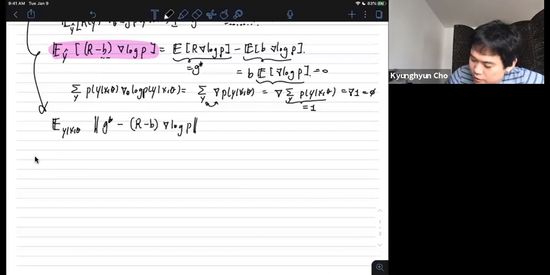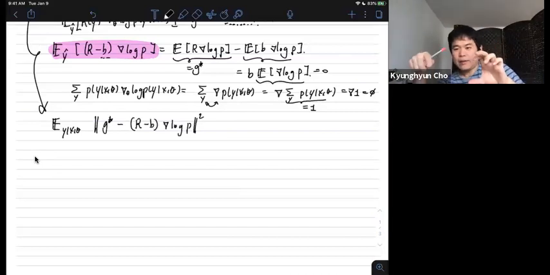And then we look at the squared norm. The squared norm of a vector is the same as the trace, that is the sum of all the diagonal entries of the covariance matrix, assuming that this vector is centered.